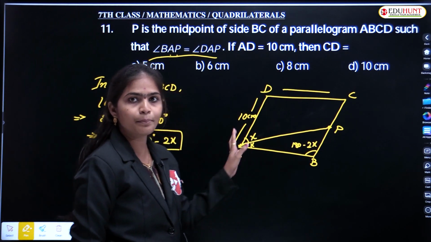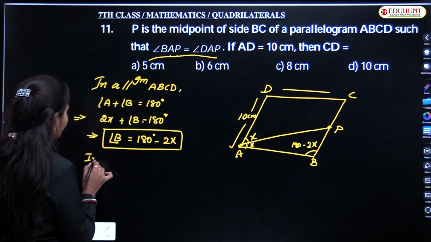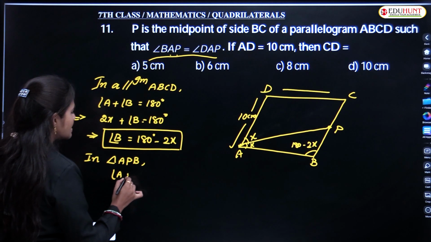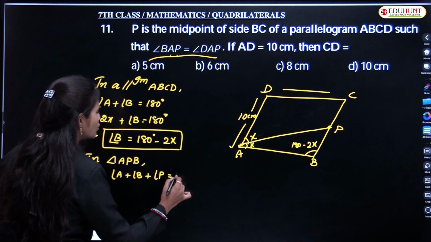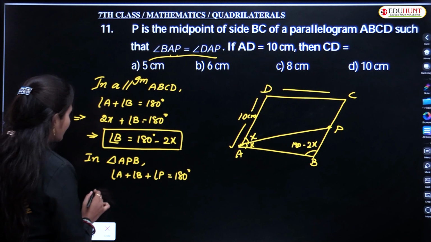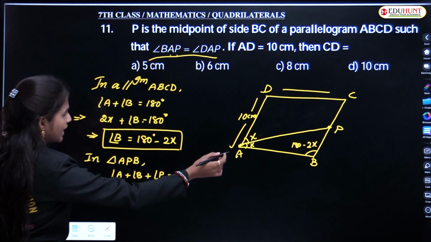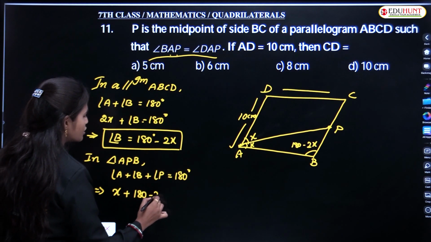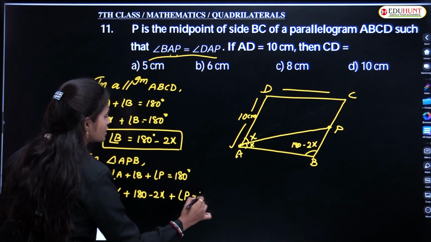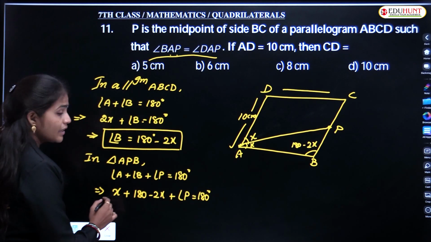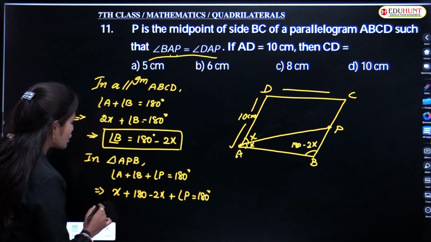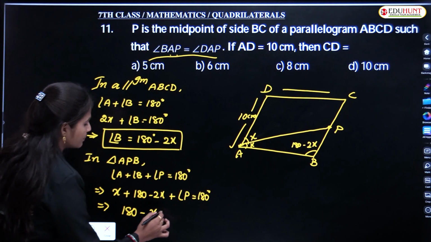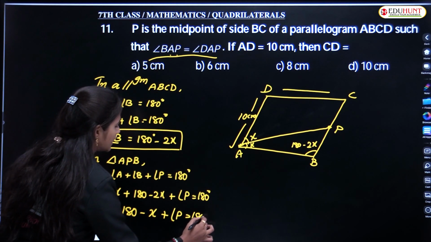Now take triangle APB. In triangle APB, angle A plus angle B plus angle P is equal to 180 degrees. We know this condition, no? Angle A is x, angle B is 180 minus 2x, plus angle P is equal to 180 degrees. Now 180 minus 2x plus x is 180 minus x, plus angle P is equal to 180 degrees.